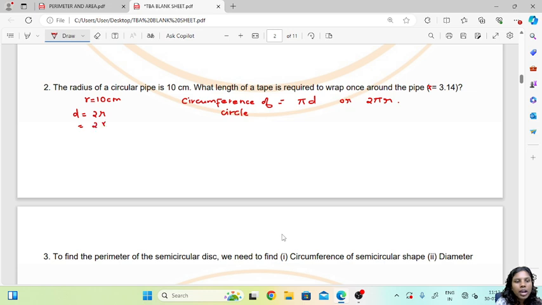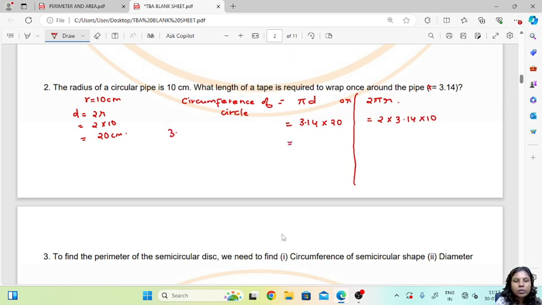So 2 into r value we have as 10. So diameter will be how much? 20 centimeter. Let's try to use both of them. So in this case we'll use the diameter that we found. So pi is 3.14 into 20, and in this case what we have is 2 into 3.14 into r, that is 10.